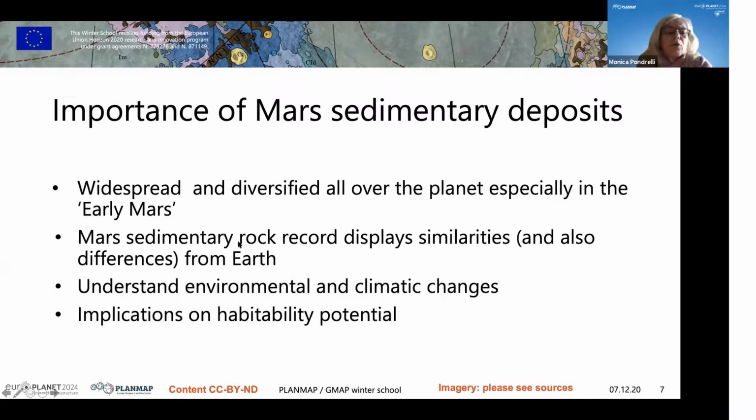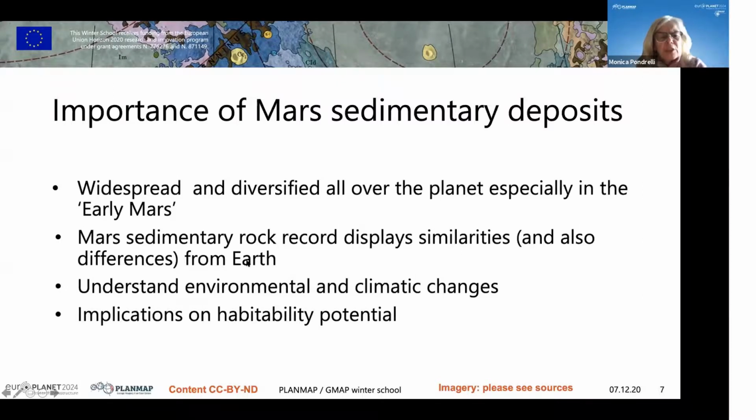Also, Mars sedimentary deposits have been historically important to better understand some things; this was the case, for example, of the outflow channels that we are going to see later.